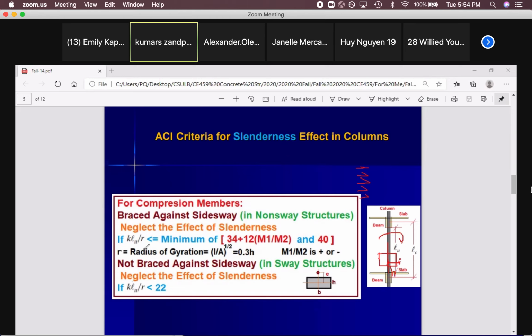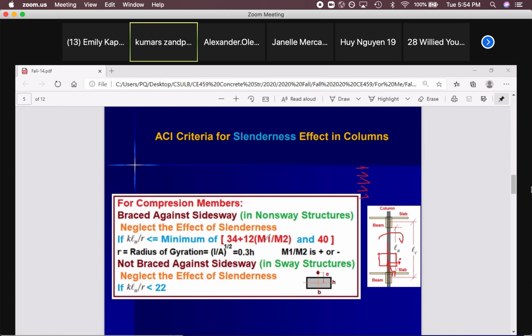You can calculate R easily based on H in inches. Then calculate KLU over R: LU in inches, R in inches, and the K factor we calculated from that chart. So we have a number for this, for example 24.8.